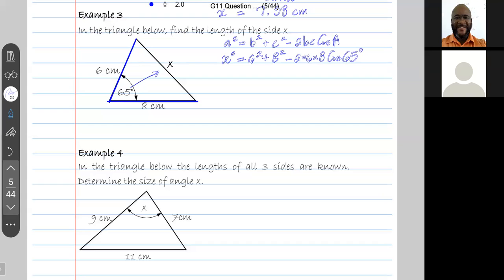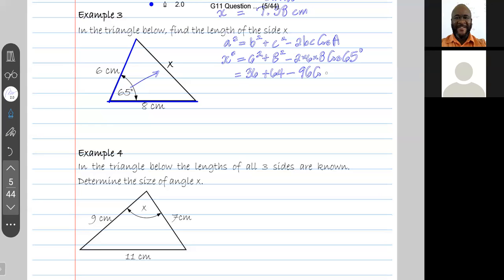Now, at this point, you could just put everything in your calculator and press equal. But no, let's continue. 6 squared, this is 36. 8 squared is 64. 2 times 6 times 8, I think that's 96? Let's double check. 2 times 6 times 8, 96.